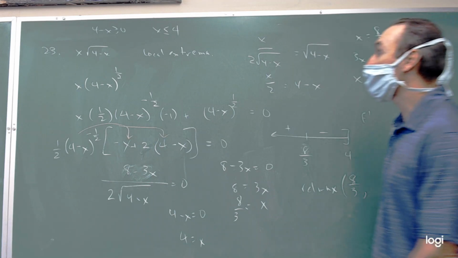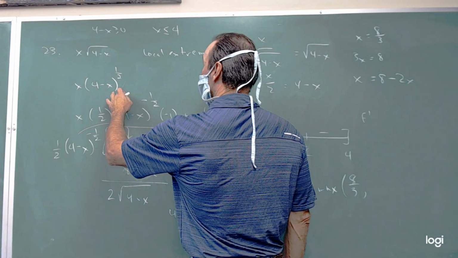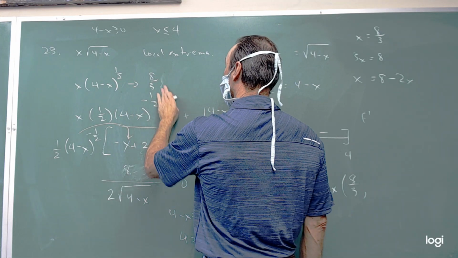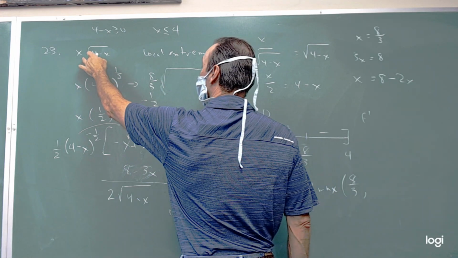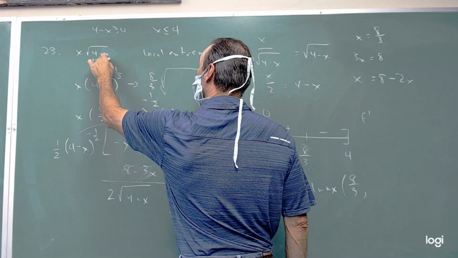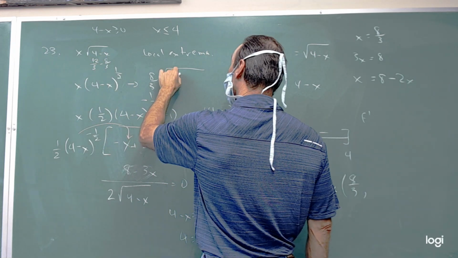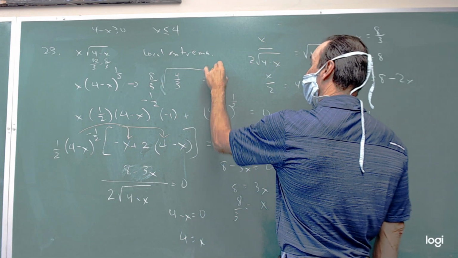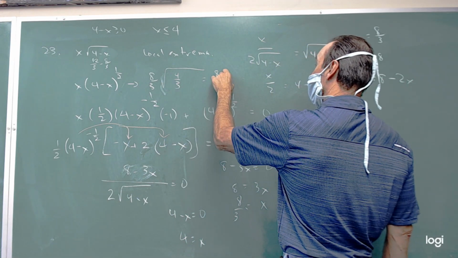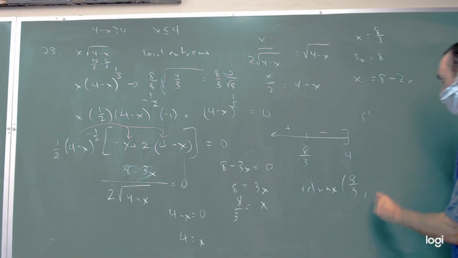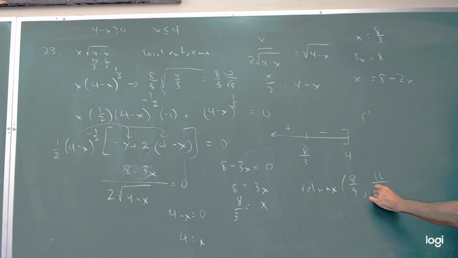Going back to the original f of x, this is going to be 8/3 times the square root of 4 minus 8/3, which is 4/3. That's going to be square root of 4, which is 2, over the square root of 3. So we'll call that 16 over 3 square root of 3 for relative max.